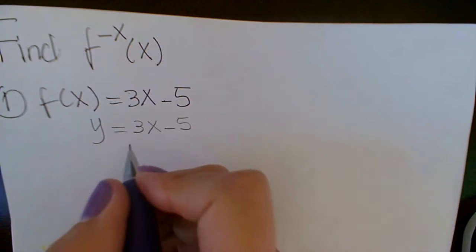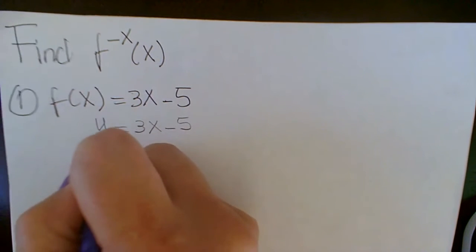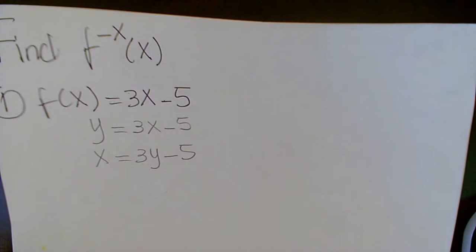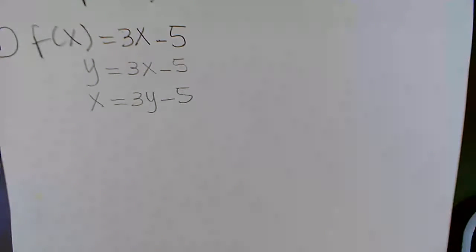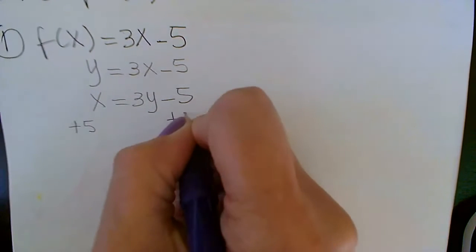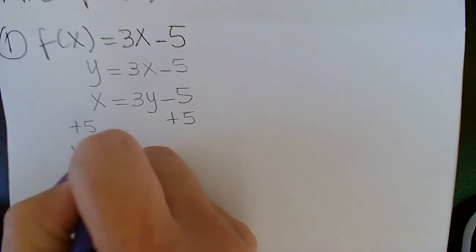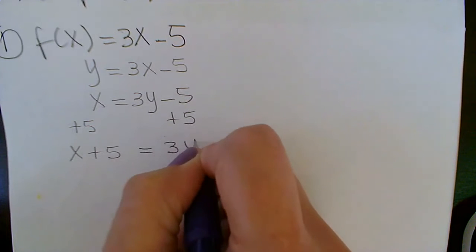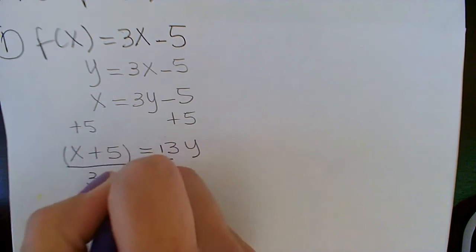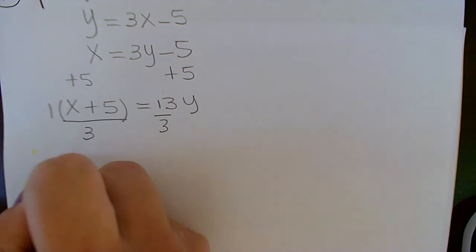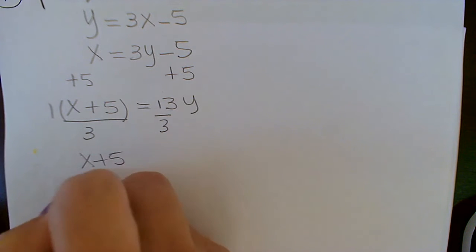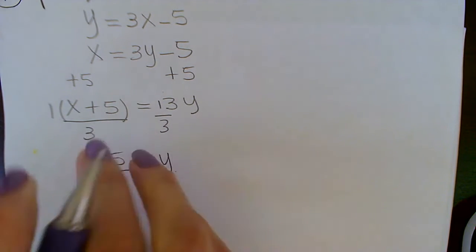Second step says interchange x and y. And the last one says solve it for y. So I'm going to add 5 here, so it's x plus 5 equals 3y. So y will be equal to x plus 5 over 3.